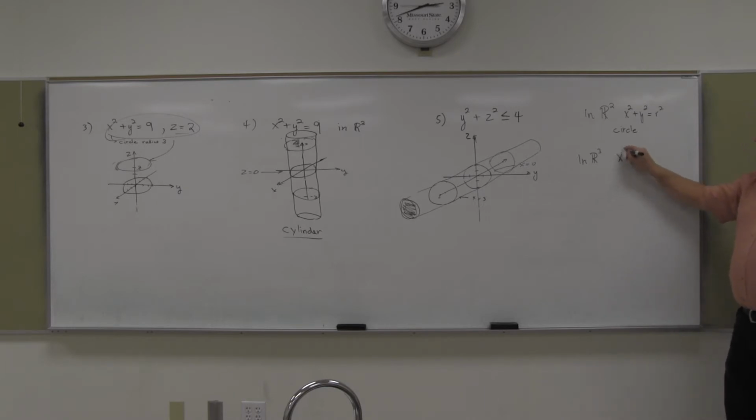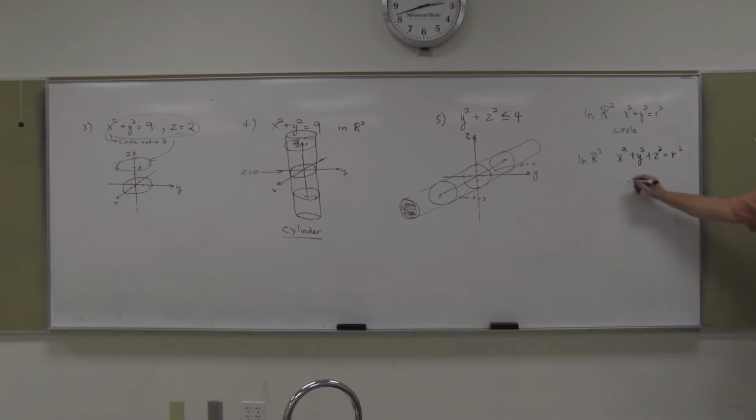If I've got x squared plus y squared plus z squared equals r squared, in R3, then, what do you think that is?